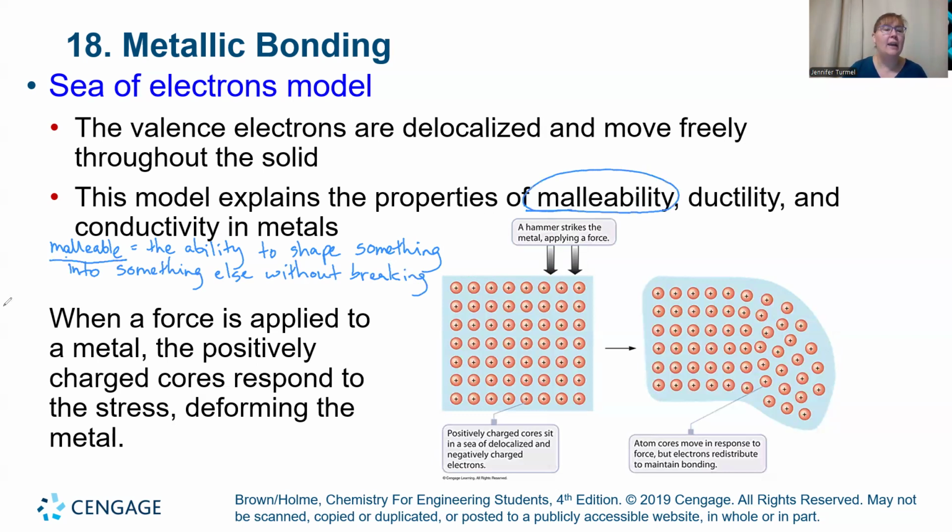And then we'll add in the term ductility, and I'll go ahead and identify that up here.